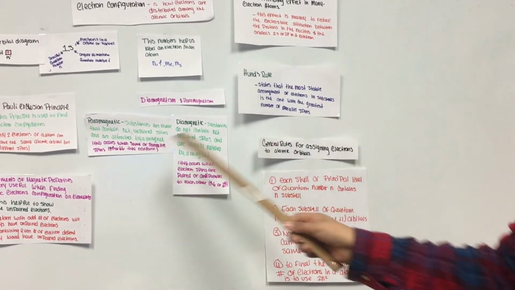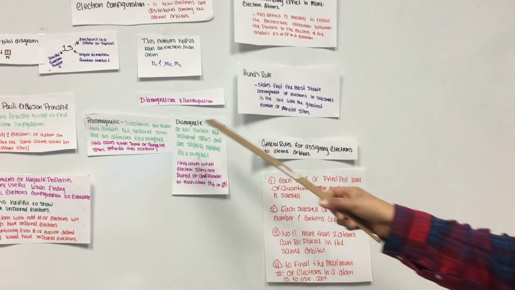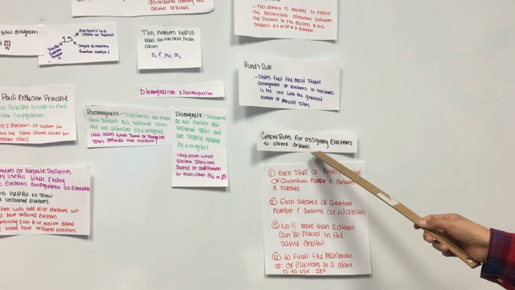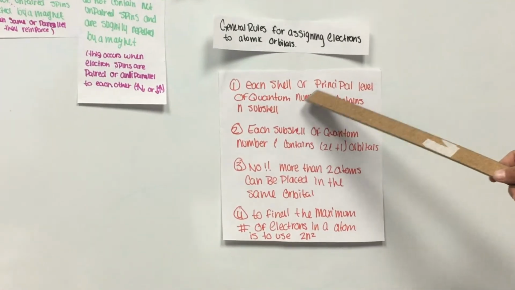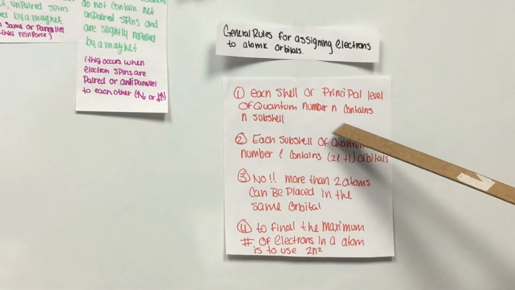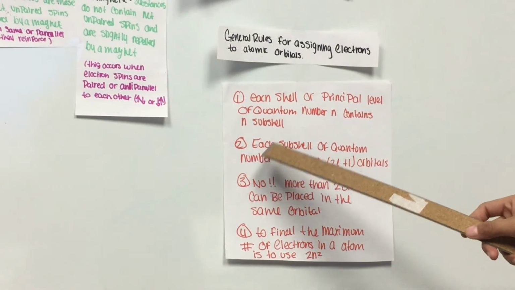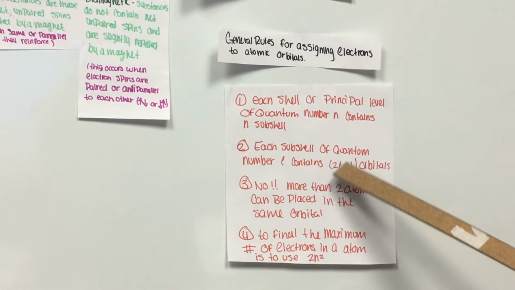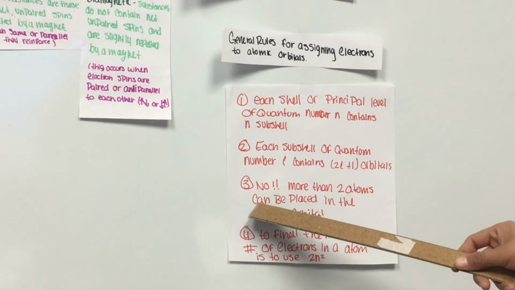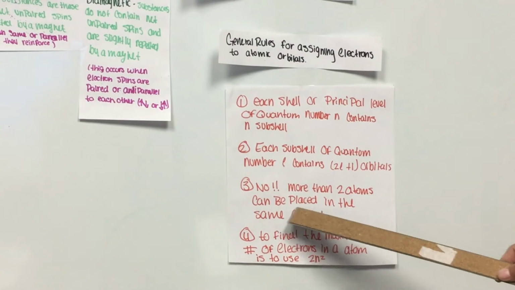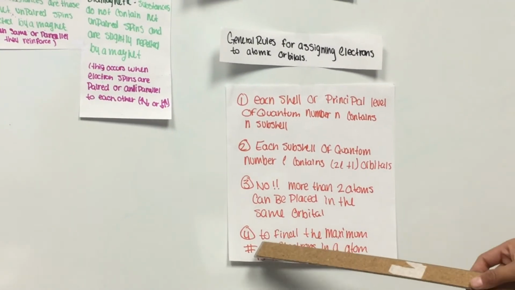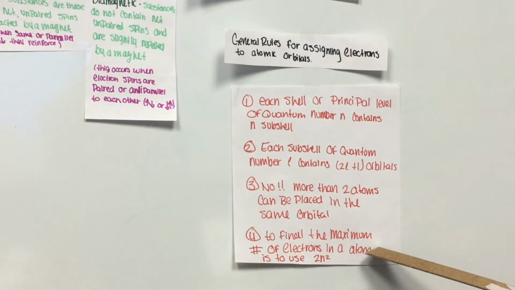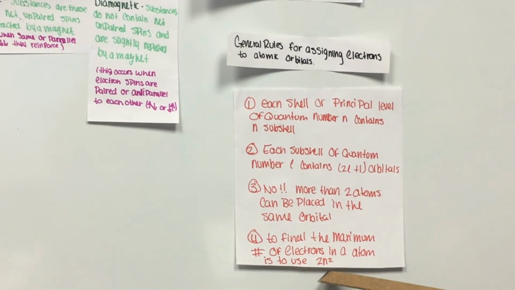The general rules for assigning electrons to atomic orbitals: number 1, each shell or principal level of quantum number n contains n subshells. Number 2, each subshell of quantum number l contains 2l plus 1 orbitals. Number 3, no more than 2 electrons can be placed in the same orbital. And number 4, to find the maximum number of electrons in a shell, use 2n squared.